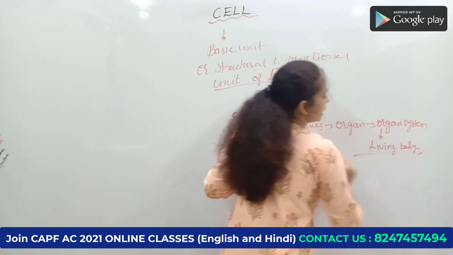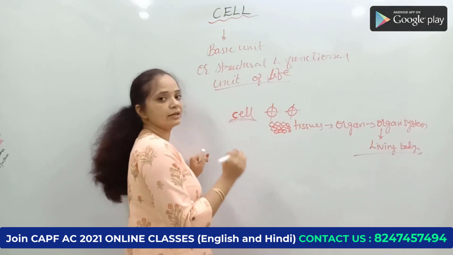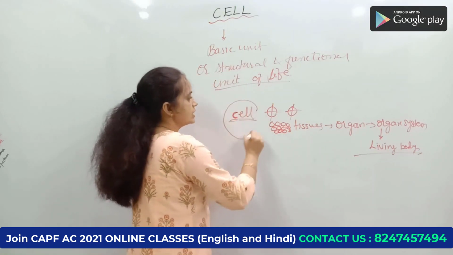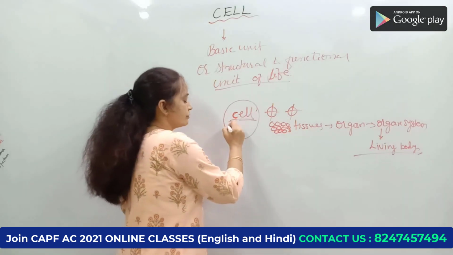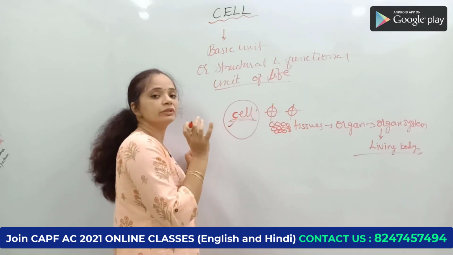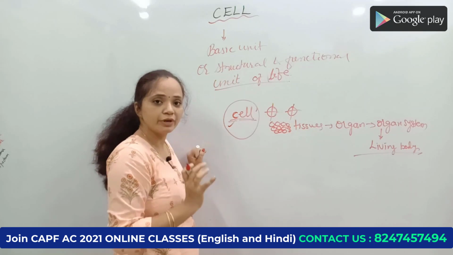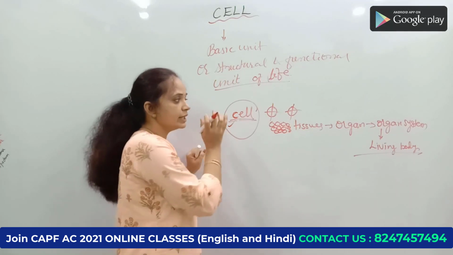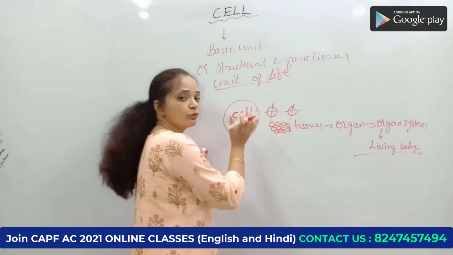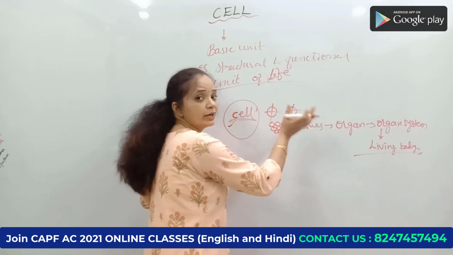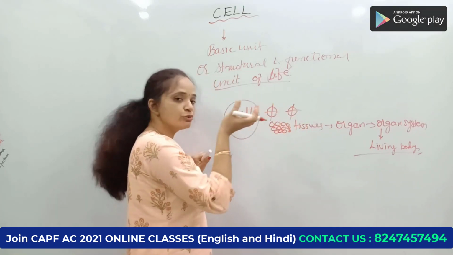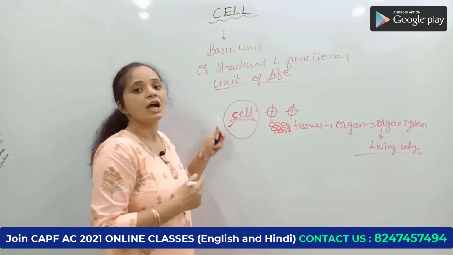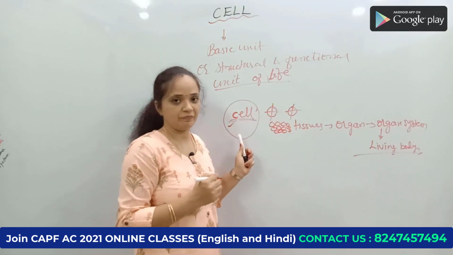So to learn about the living body, basically we are going to learn about the cell. It is very important that we know how the cell performs different functions, because cells are grouped to form different organs and organ systems. So if you are learning about different organ systems, you should first know about the cell.